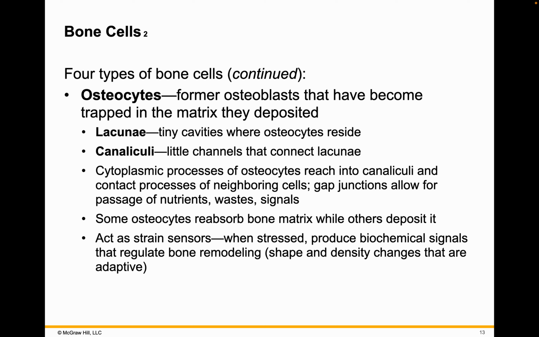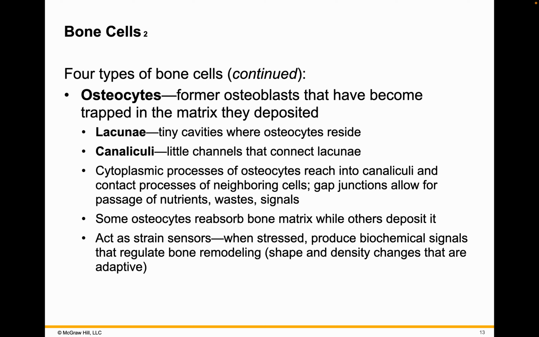Osteocytes are fully matured osteoblasts. They can become trapped within the matrix they've deposited in a region called the lacunae, which is connected to the rest of the nutrients by structures called canaliculi. The cytoplasmic processes of osteocytes reach into the canaliculi and contact the neighboring cells.